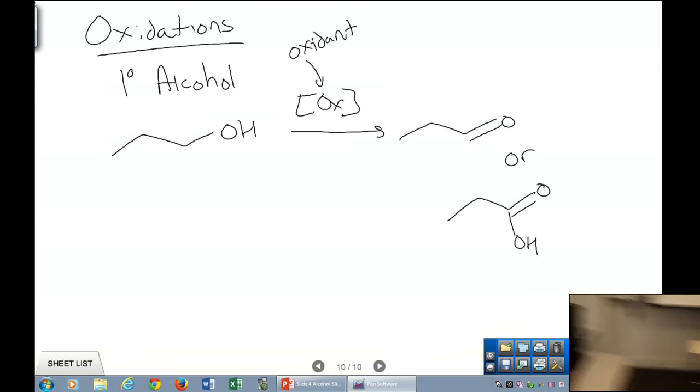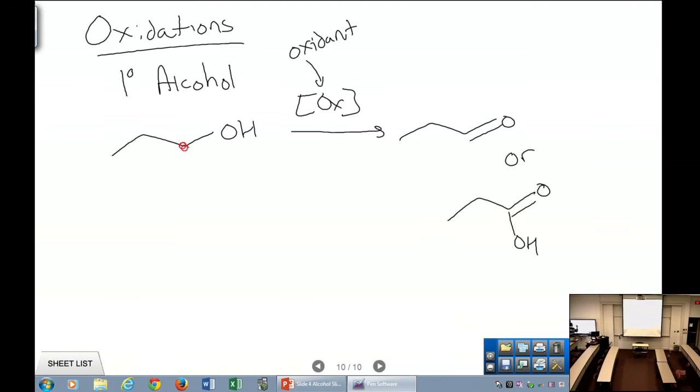So this carbon on our alcohol ends up being that carbon there of our aldehyde or that carbon of our carboxylic acid. Don't forget, some people may, that there is a hydrogen on your aldehyde.